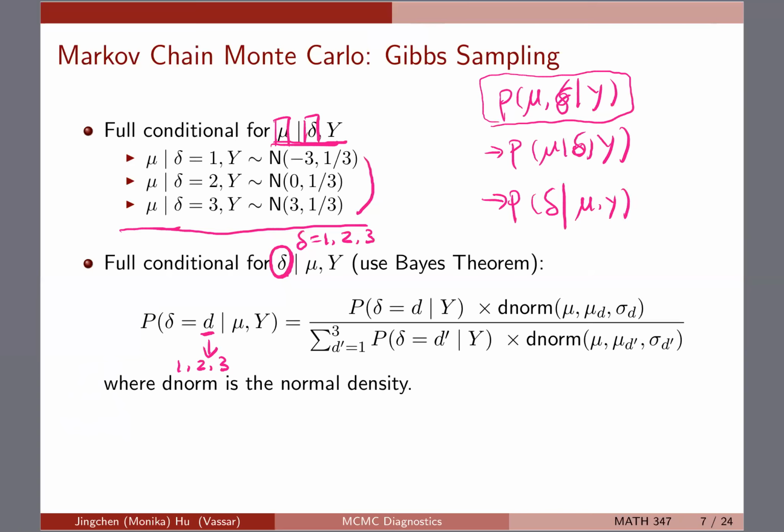So both of these are full conditionals. In theory, you're going to write out the joint and try to find all the terms related to delta, and then try to recognize what it is, based on what we have learned so far.